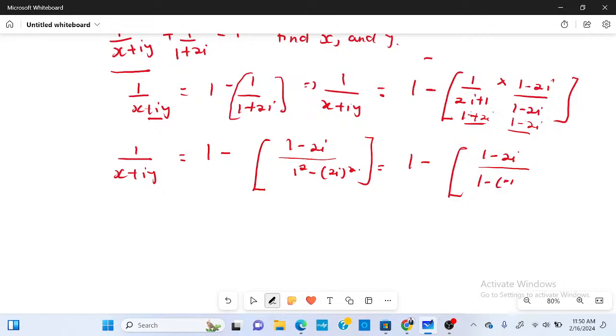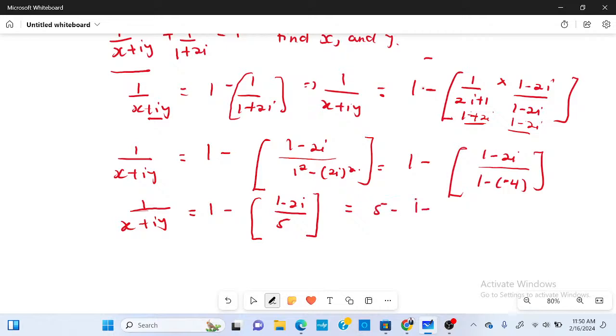Hence 1 over x plus iy is equal to 1 minus the expression 1 minus 2i all over 5, because 1 minus minus 4 is 5. And this is simply equal to 5 times 1, which is 5, is that not it?